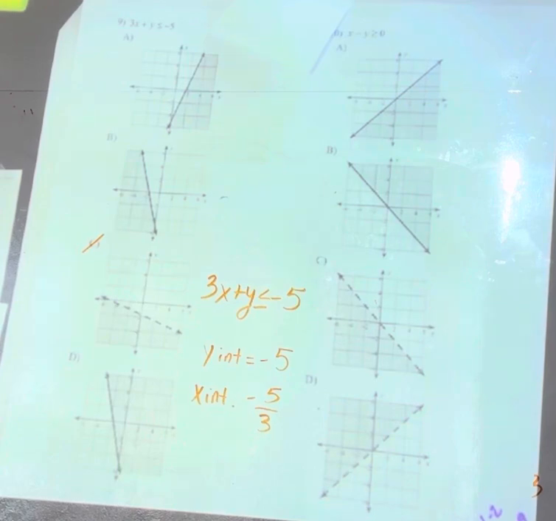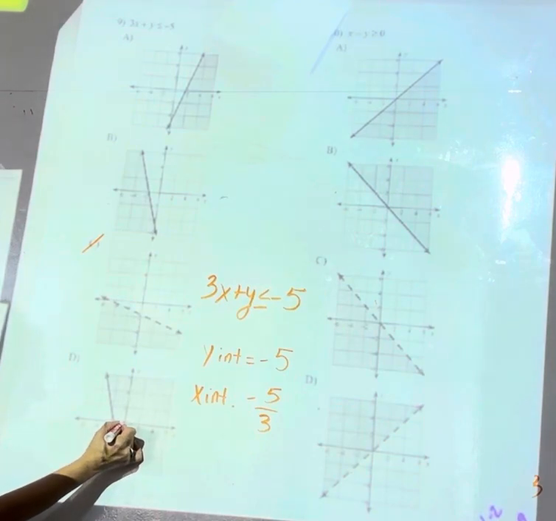Of course, you can solve for y and find your equation, but I want to show you how to leave it in standard form. When you leave it in standard form, you find your x and y intercepts, and a lot of time you can omit. So now B and D are the same line. One is shaded below and one shaded above. So you can check any point. We're going to put 0 in.